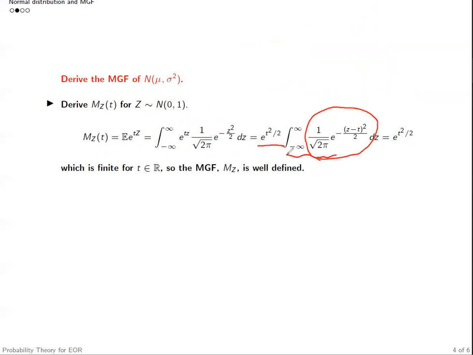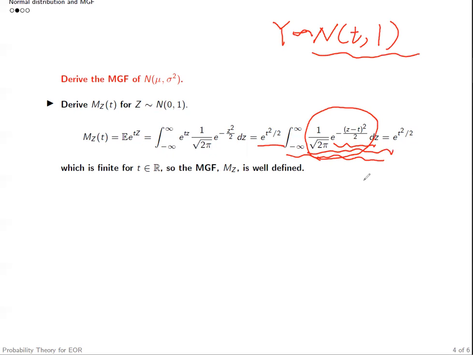If we take a close look at this term, this is the PDF of a normally distributed random variable with mean t and variance equal to 1. Suppose we have a random variable Y that follows this distribution.